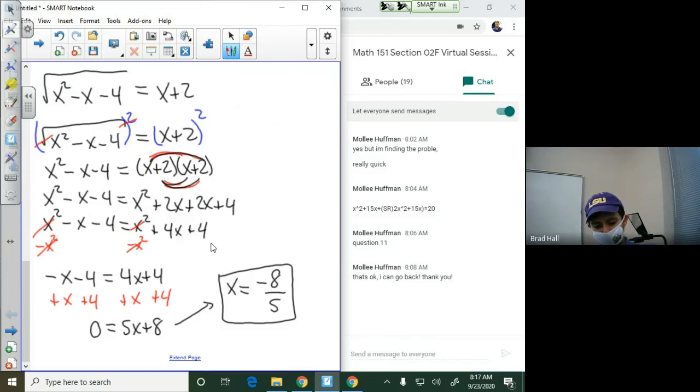If we did check it, I'll check it just to be safe. Squared minus answer minus 4. On the left-hand side, I get 2 over 5. And on the right-hand side, I get 2 over 5. So it does work.